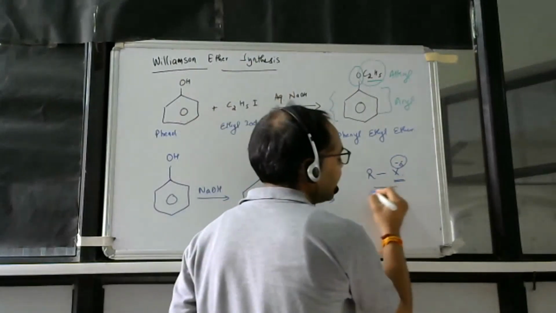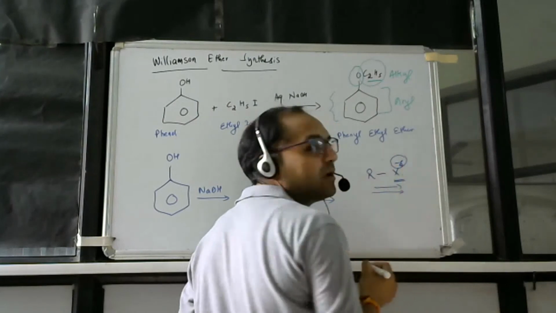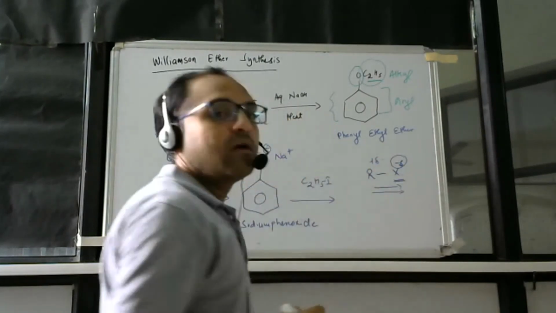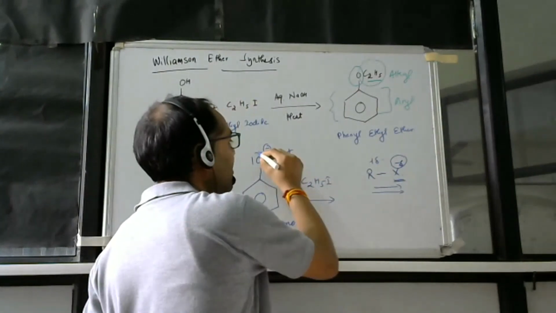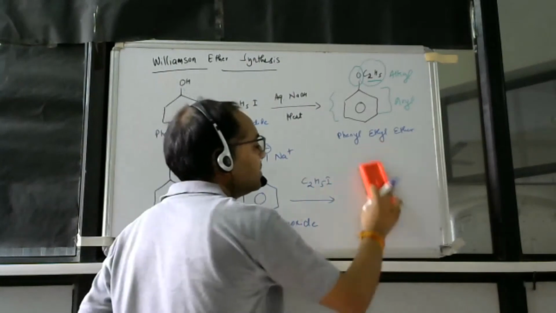So halogens attract the electron towards it, so there will be a formation of the partial negative charge, and here there will be a formation of the partial positive charge. So due to that, this O minus attacks on the carbon, or we can say alkyl group.